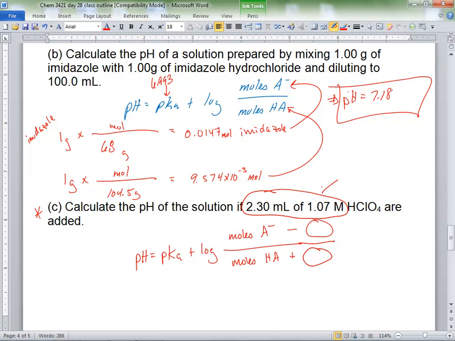This is my moles of H plus, 2.461, in millimoles. So whatever that number is, you know what the original is. So subtract it, add it, take the log of it, add to the pKa, find pH.